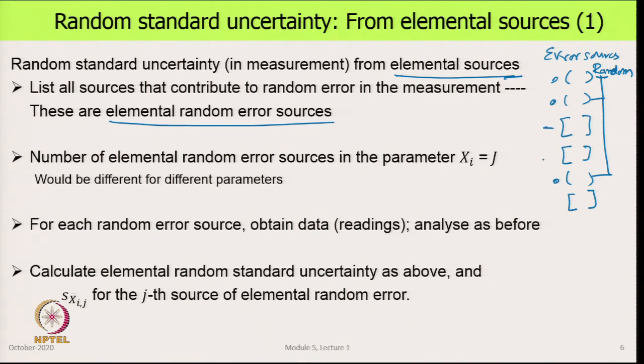The others, these will be the systematic errors. So, we say that the number of elemental random error sources in the parameter is j. J could be 1, 2, 3, 4, 5, whatever, and all of this, remember, is done by the experimenter, that is you.